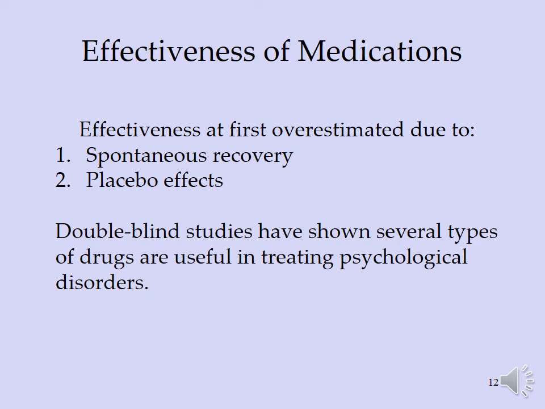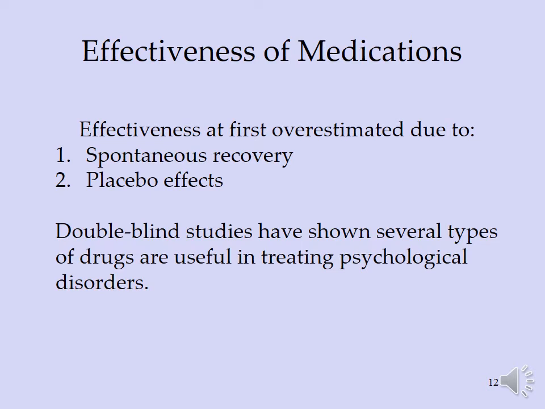Now, having a look at the effectiveness of psychiatric medications, those first psychiatric medications seemed to be amazing in their effects, but in fact, their effectiveness was at first overestimated, in part because of the phenomenon of spontaneous recovery. Even people with severe mental disorders sometimes improve over time, seemingly out of the blue, spontaneously, and that was not taken into account, sometimes mistaken for the effects of medication.